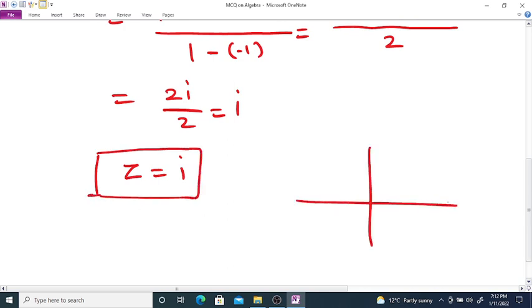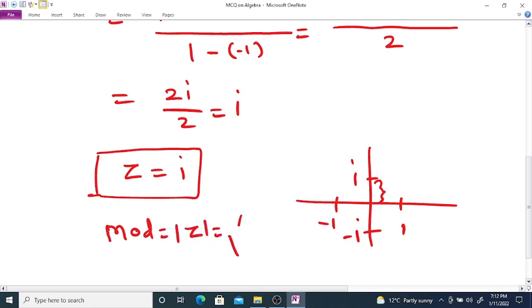Now if we represent this complex number i on the complex plane, say here 1, minus 1, i, minus i, the distance of this complex number from the origin is 1. So the modulus, that is mod z, is equal to the square root of real part square plus imaginary part square.